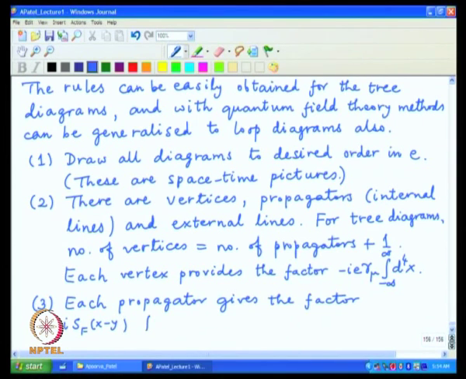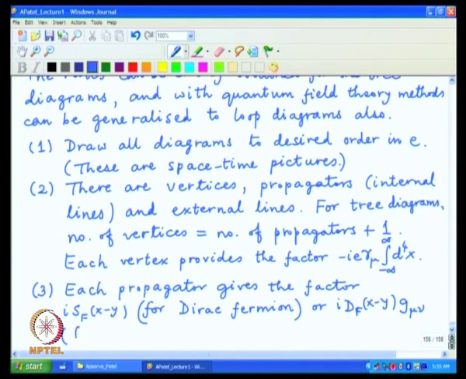This is for Dirac fermion, or i D_F(x minus y) together with this g mu nu if necessary to contract the indices for photon.